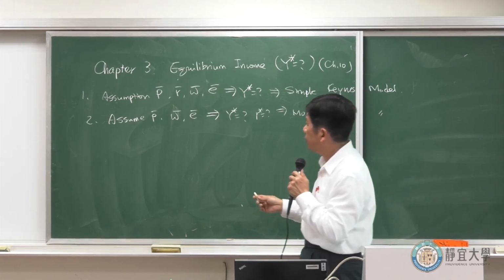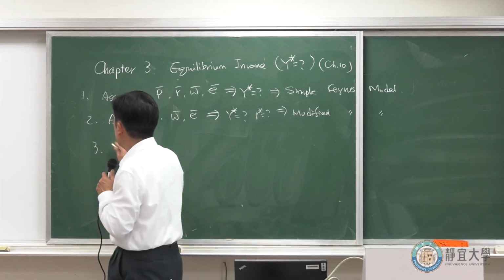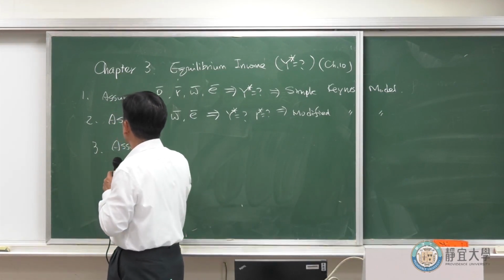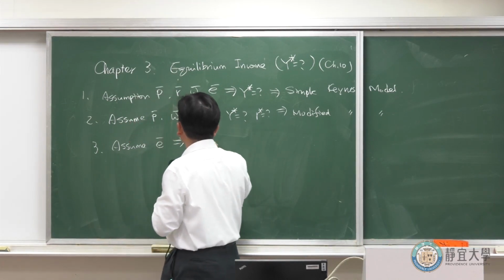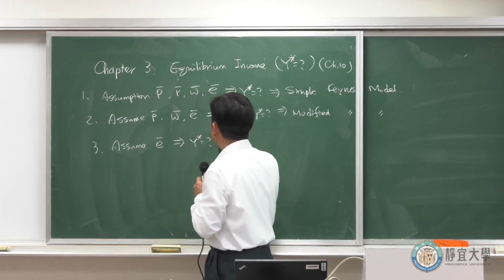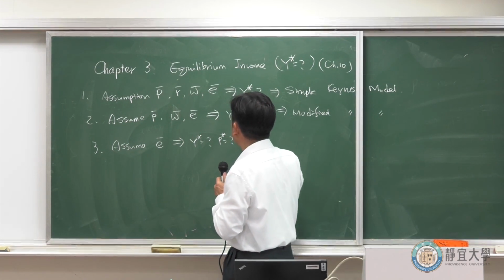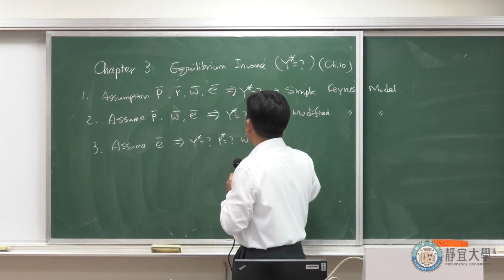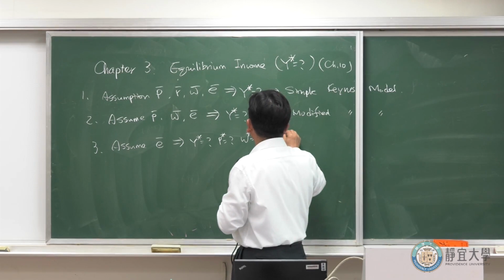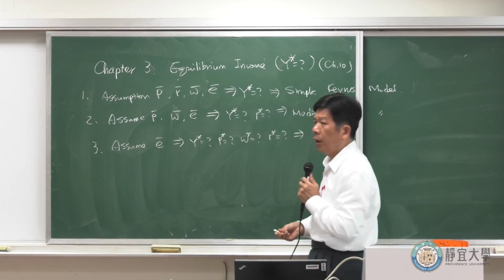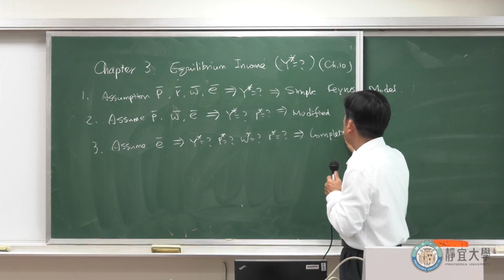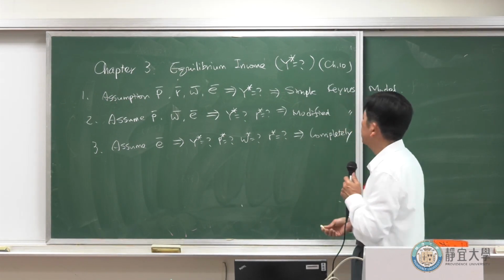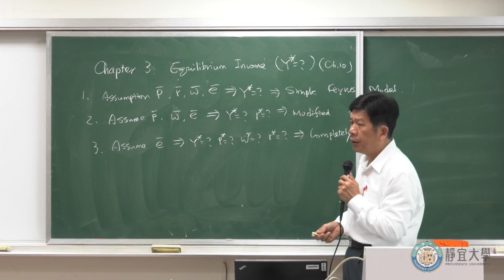The third one, we just assume E constant, and then we want to find Y star, P star, W star and R star. This is what we call the completely Keynes model.